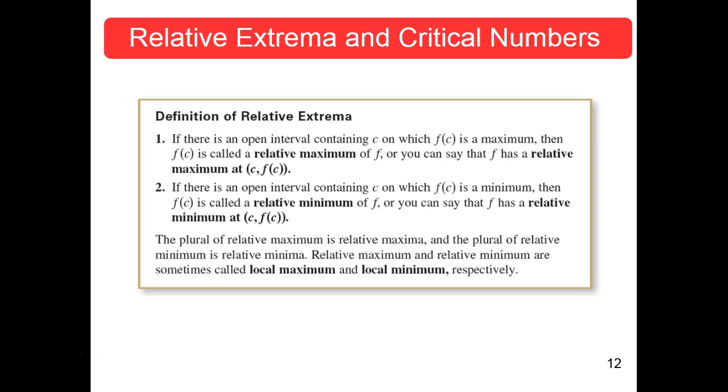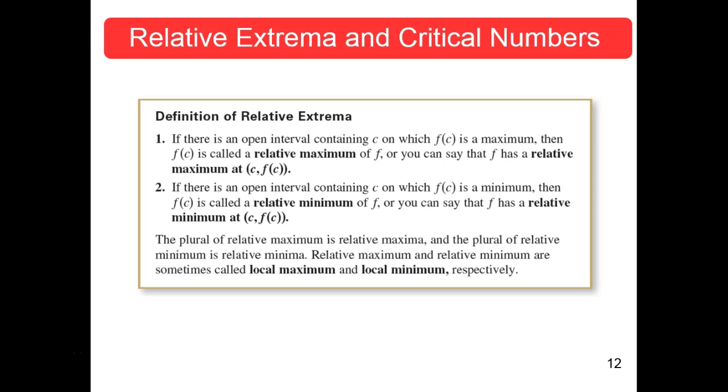If there's an open interval containing c on which f of c is a minimum, then f of c is called a relative minimum of f, or f has a relative minimum at c. The plural of relative maximum is relative maxima. The plural of relative minimum is relative minima, as if you really care.